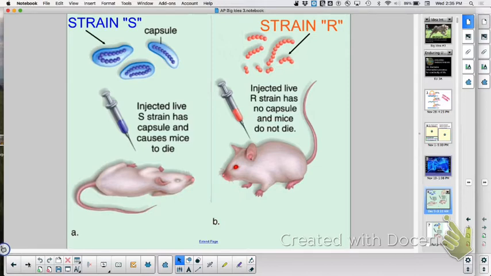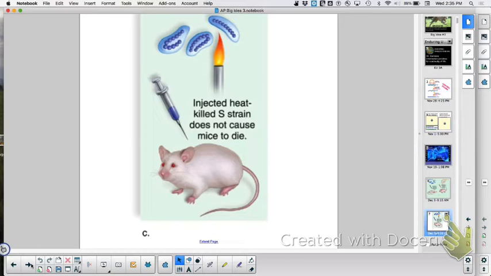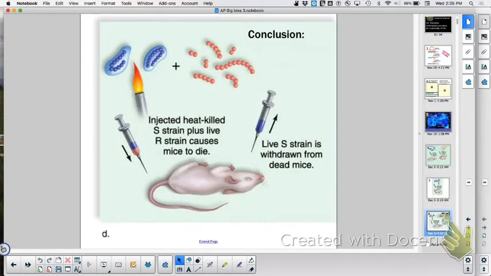Heat killed S should not have done anything, but they mixed it with live R. What happened to R?